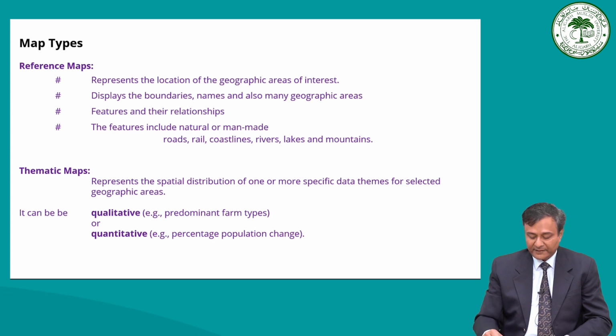For example, percentage of population change, sex ratio, population concentration, or performance of agricultural activity in terms of productivity, high, medium, low, drawn using certain statistical techniques. They would be representing certain figures and statistics, and would be known as quantitative maps.